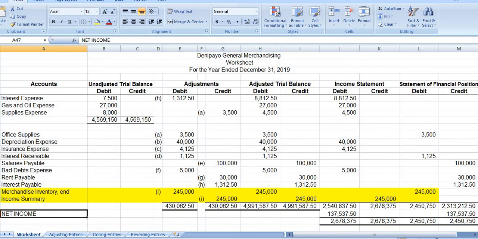The second way to know if there is net income or net loss is to observe these two figures. If they are far from each other, like in this case, one is here, the other is on the far end, then there is net income.